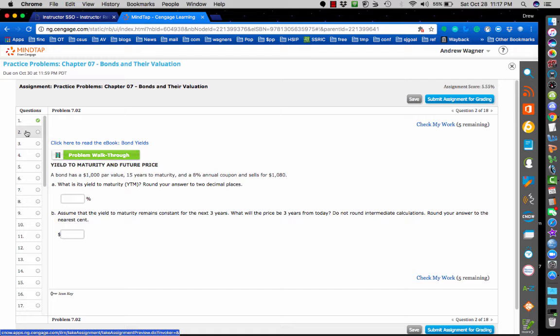One of those has to be negative in order for the interest rate to make any sense whatsoever. I mean, think about it. If you're receiving money today and in the future, what's your rate of return? It's infinite, or undefined. So you have to pay to receive something. We're paying the price, so 1,080 with a negative sign in front of it would be PV.